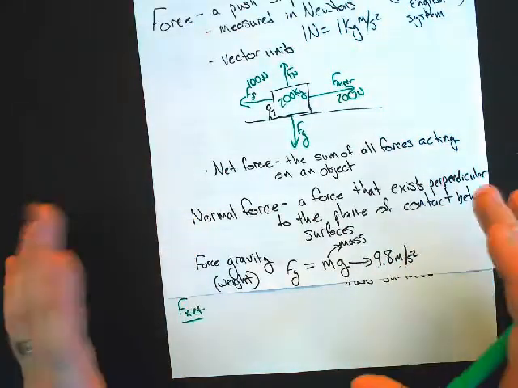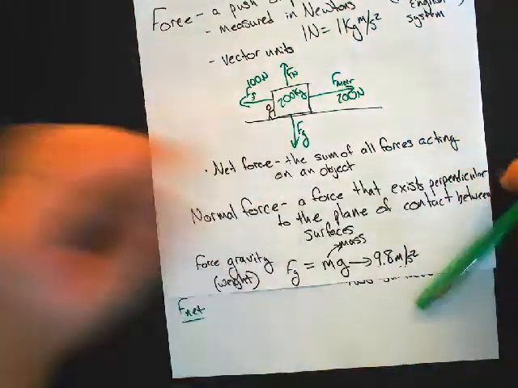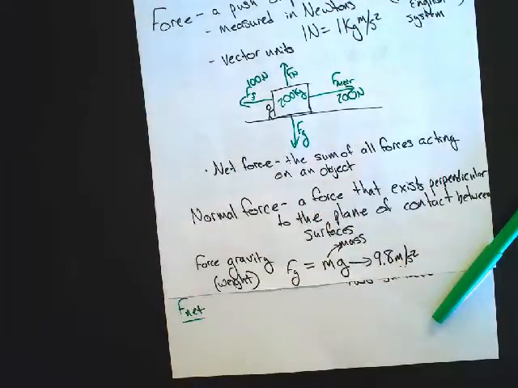How much force is acting in the horizontal dimension on this box? What is the net force acting on this box? Good. All right, so it's important again that forces are vectors.